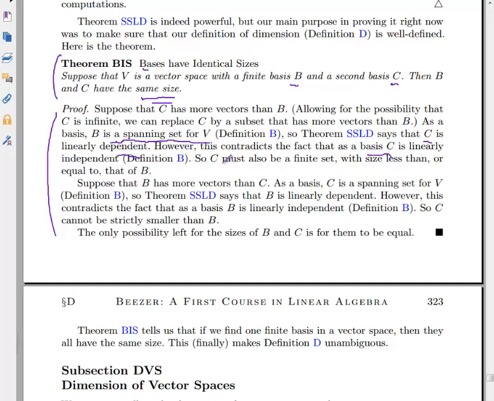So it's not possible to have the basis C have more vectors than basis B. On the other hand, we can work this the other way. Suppose B has more vectors than C. C is a spanning set, and that means that B must be linearly dependent. So that means that B can't be a basis. So you can't have one basis have more vectors than another basis. So they must be equal.